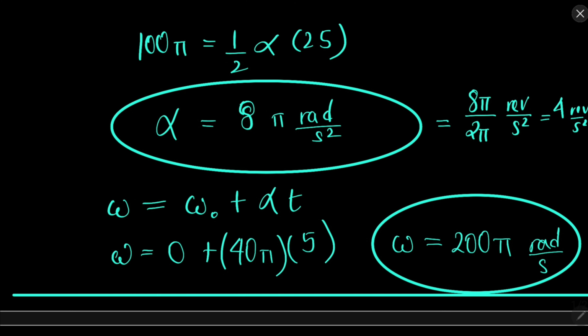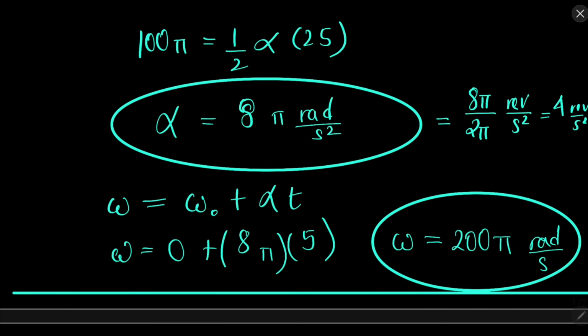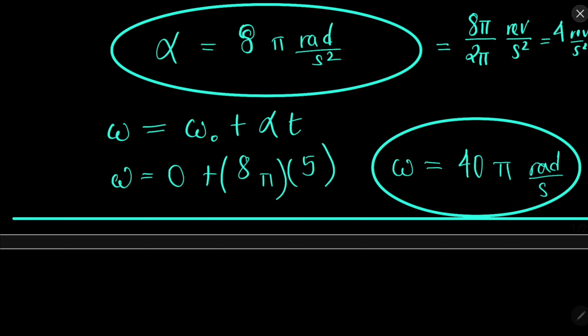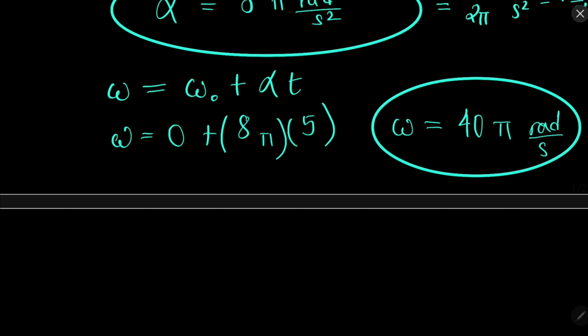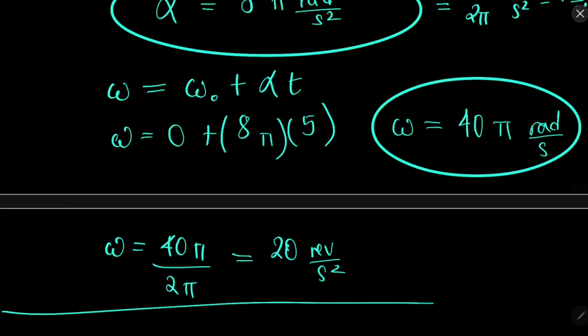And again this is 8 pi, so this will give us 40 pi. Okay, 40 pi. So you can convert it into revolutions per second by dividing it by 2 pi. So omega equal to 40 pi divided by 2 pi, so it will give you 20 revolutions per second.